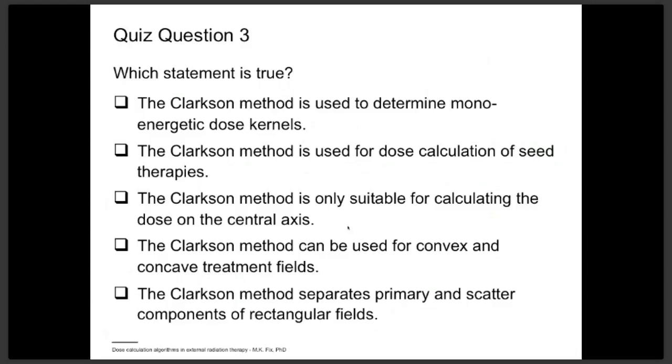The first answer would be: the Clarkson method is used to determine monoenergetic dose kernels. The Clarkson method is used for dose calculation of seed therapies. The Clarkson method is only suitable for calculating the dose on the central axis. The Clarkson method can be used for convex and concave treatment fields. The Clarkson method separates primary and scatter components of rectangular fields.